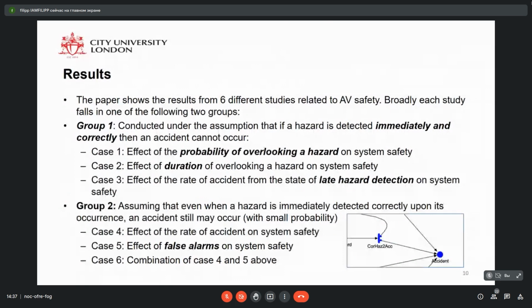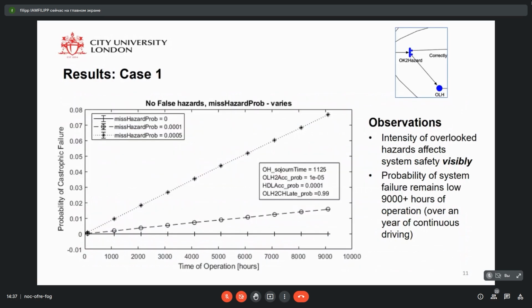And there are two groups. Then we relax this, so even if the hazard is recognized correctly, there still may be a probability of accident, probably with a very small value. This first case is telling us that if we vary the probability of missing a hazard, that is, the hazard occurs and we miss it, it impacts the safety quite visibly.